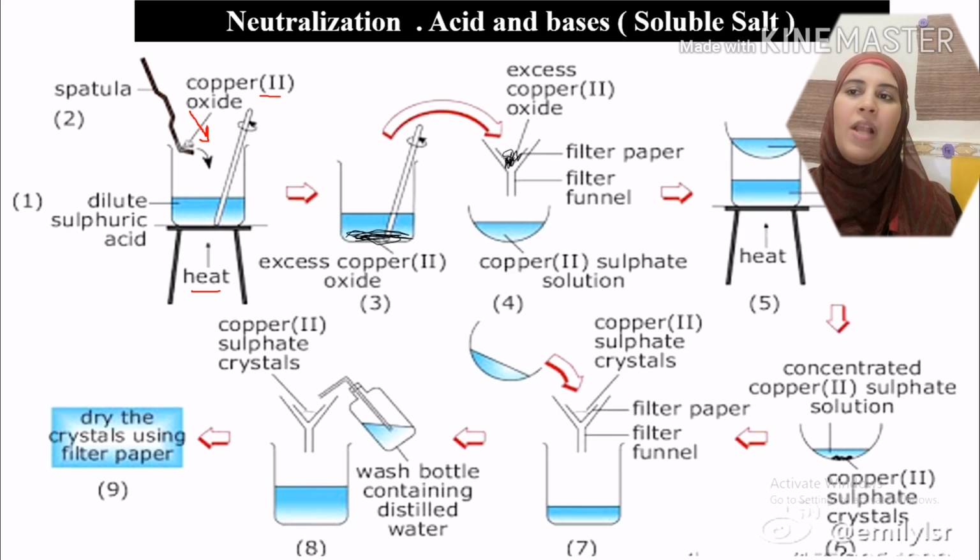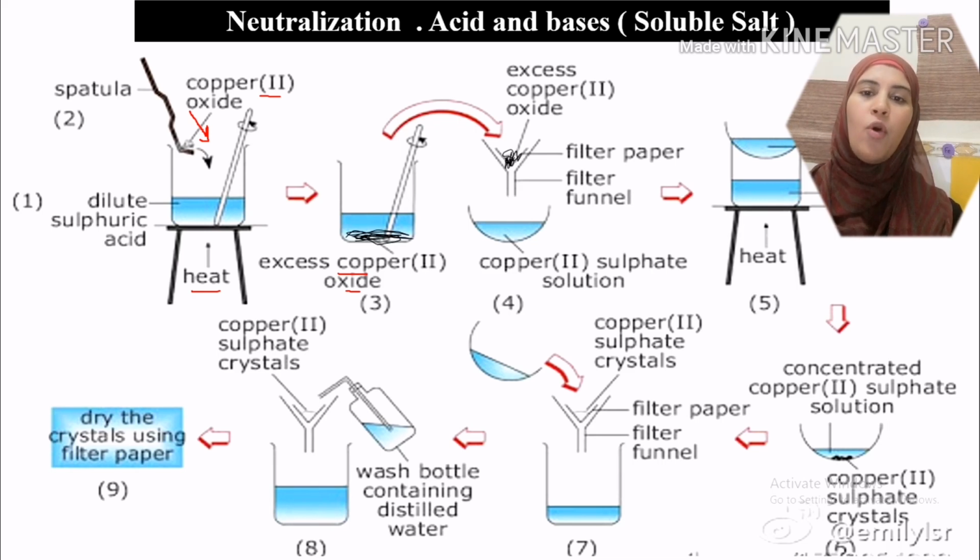By having a black precipitate of excess copper oxide, we can say our reaction is completed, because dilute sulfuric acid is our limiting reagent. We must complete adding till all of the dilute sulfuric acid in our reaction is finished. So we must add and stir till having a precipitate of copper oxide.